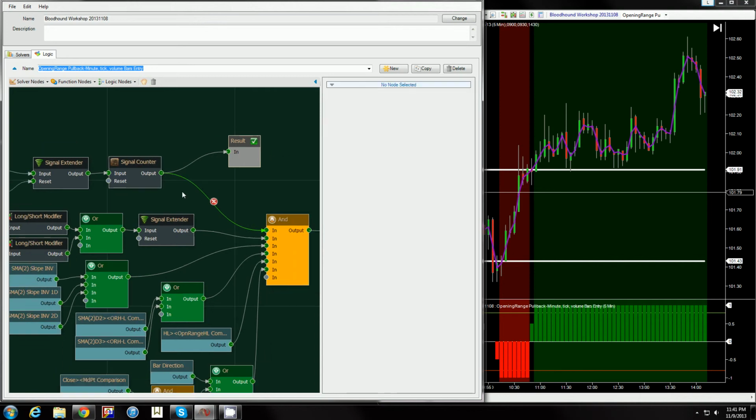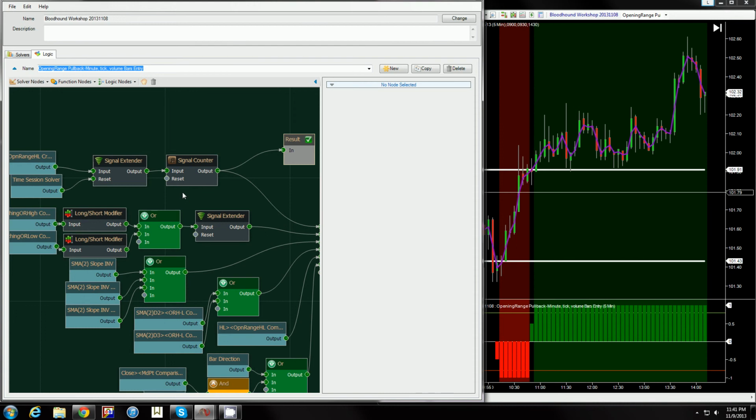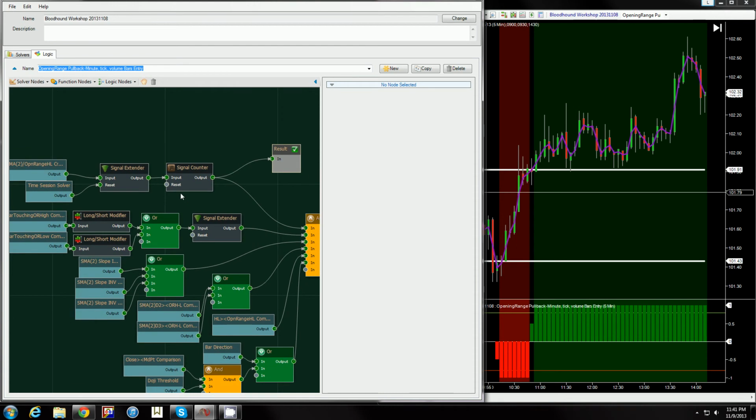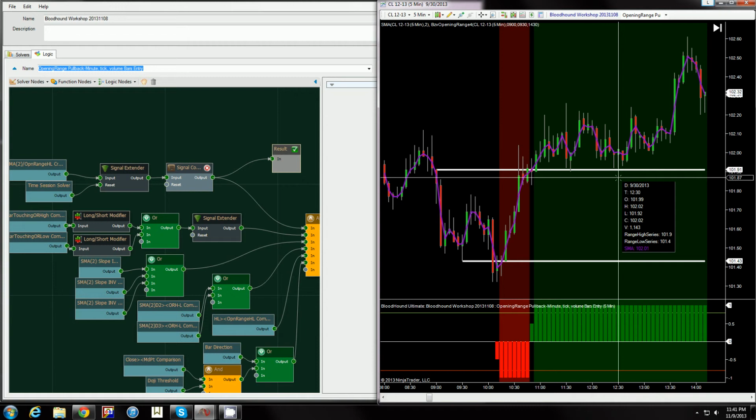Now the next step is, what do we want? Where do we want the pullback to come to? Well, we want it to pull back to the opening range high. And let's see, this bar is, the low is 101.92 and the high is 101.90. So that's 2 ticks.